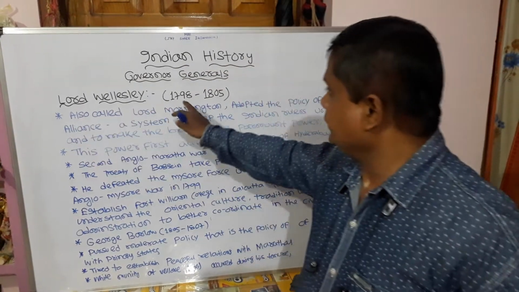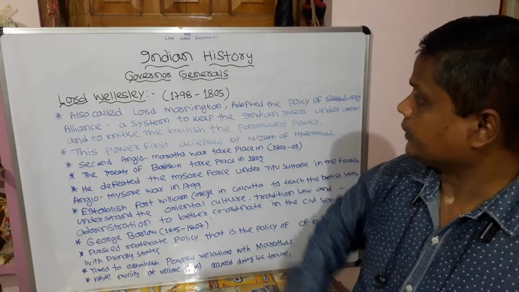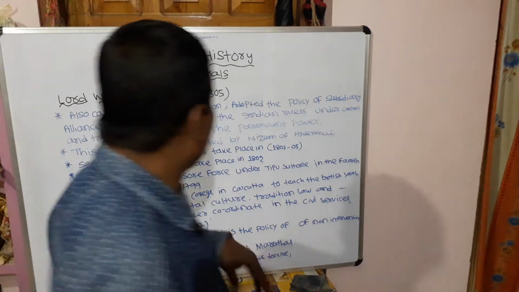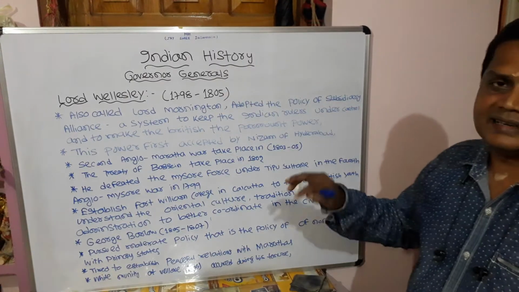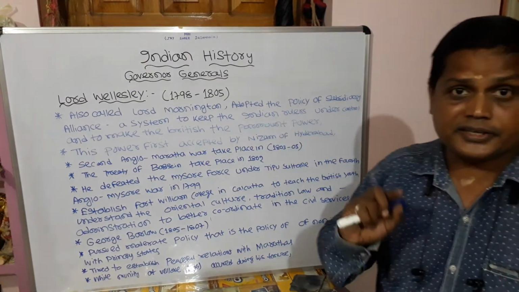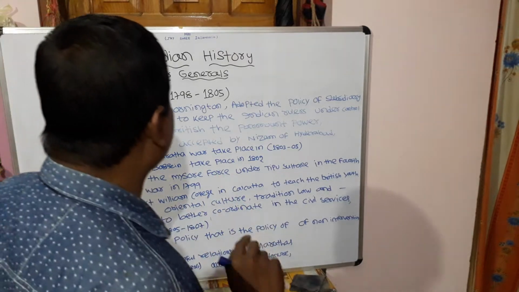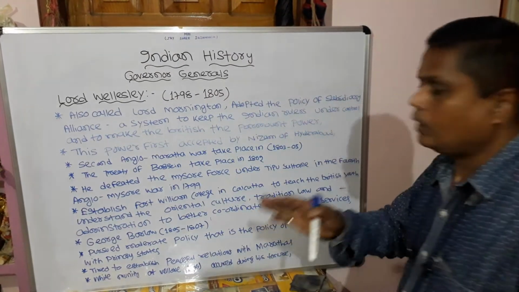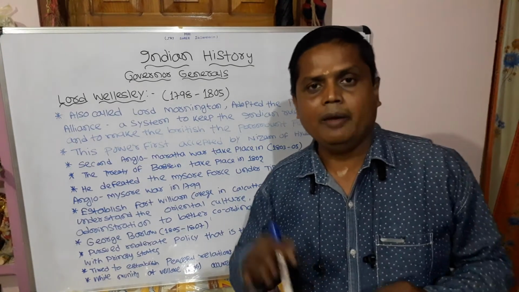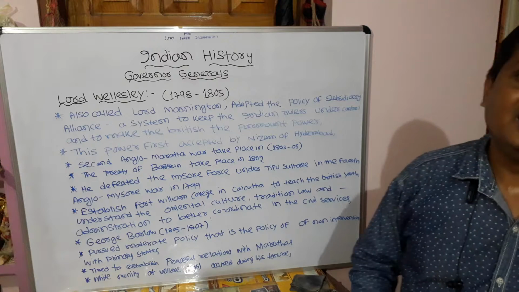Lord Wellesley, 1798 to 1805, also called Lord Mornington, adopted the policy of subsidiary alliance, a system to keep the Indian rulers under control and make the British the permanent power. This policy was first accepted by the Nizam of Hyderabad.